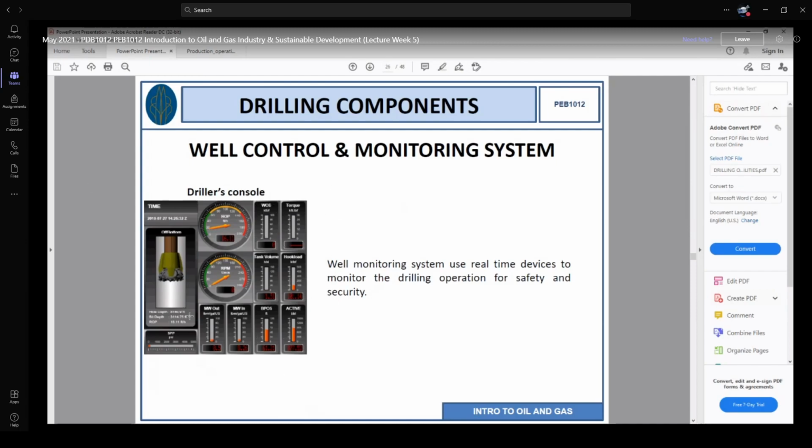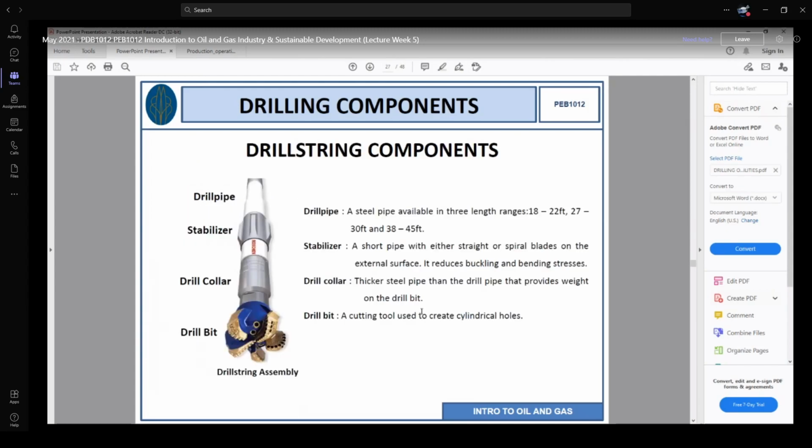If we monitor all these parameters on any system, that system is called the well monitoring system. It is normally monitored by different persons: drillers, drilling engineers, and the rig supervisors are all monitoring the progress of the well at the same time.